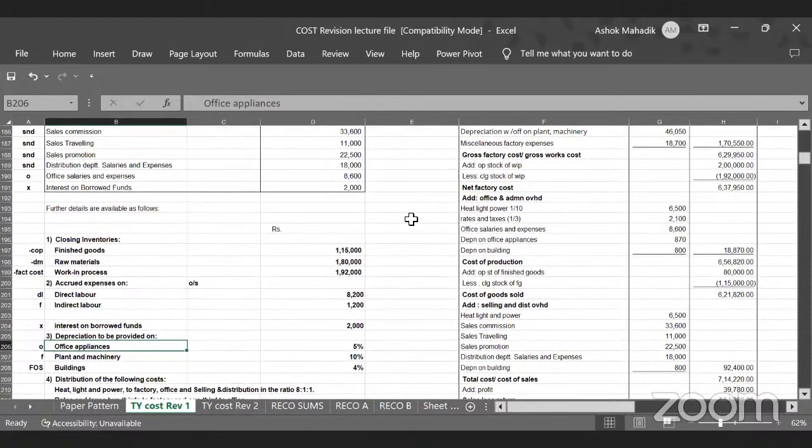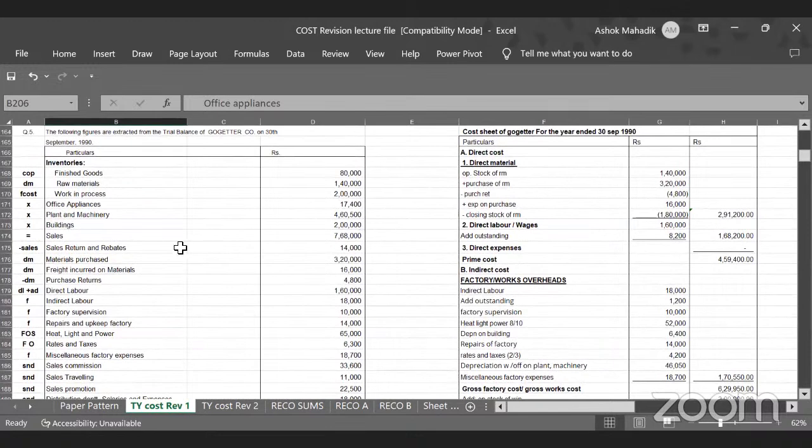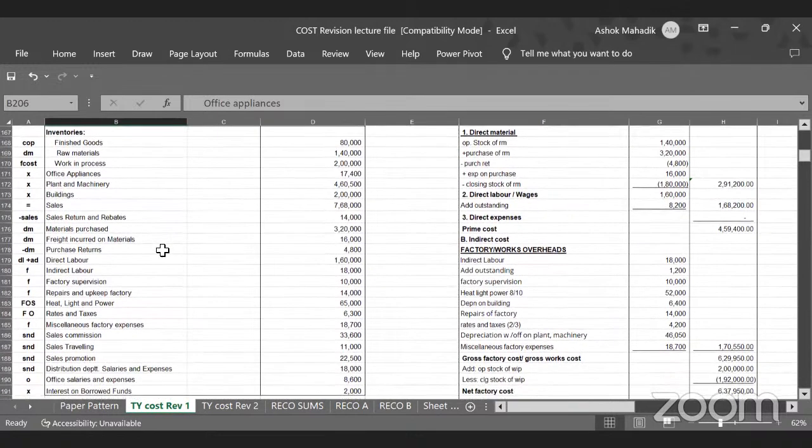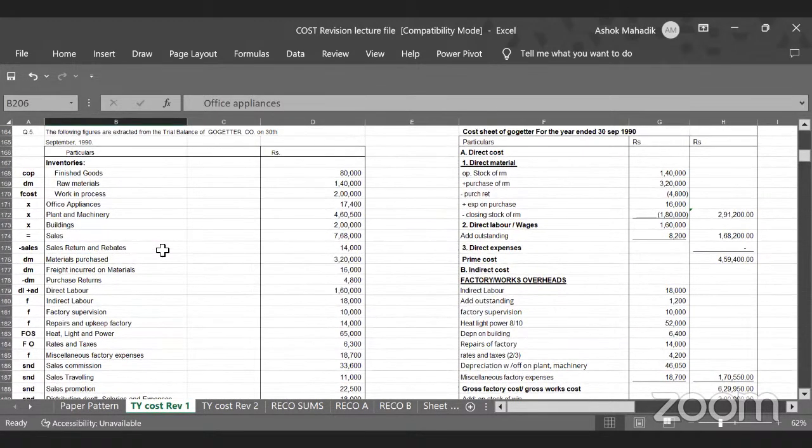We'll just go through the table given above and see where they will be posted. So inventories means stock: finished goods to COP, raw material to DM, WIP to factory. Office appliance, see, this is an asset, plant and machinery asset, building asset. Put a cross, but calculate depreciation and put them in respective heads. Office appliance depreciation will go to office overheads.